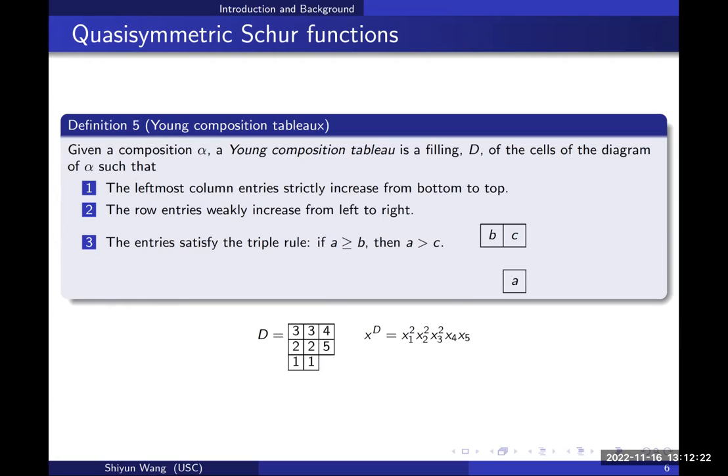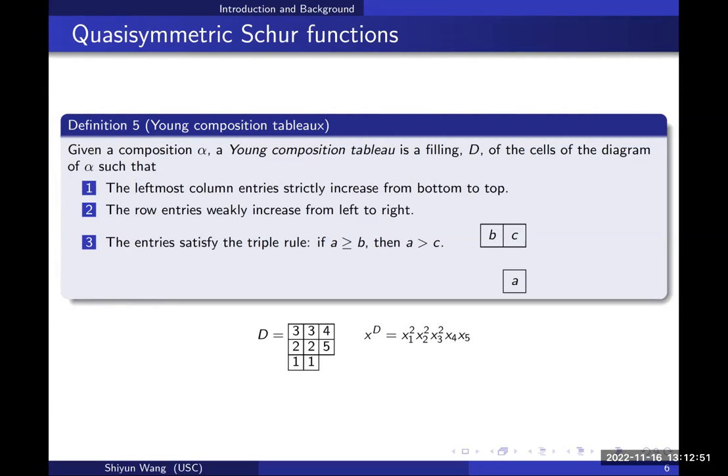We fill the tableau with positive numbers, where the rules are that all the rows are weakly increasing, and only the first column is strictly increasing, and we have no requirement of strict increase for the other columns. So that's kind of an analog to the tableau of the Schur function.